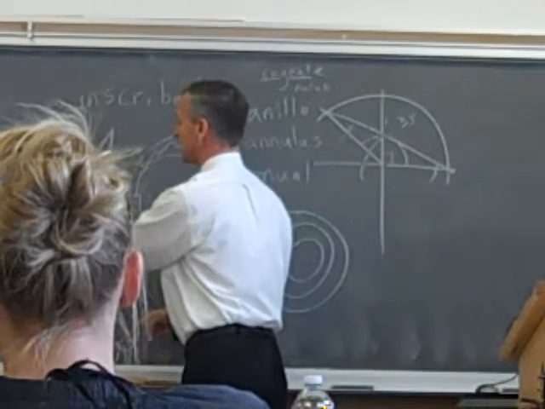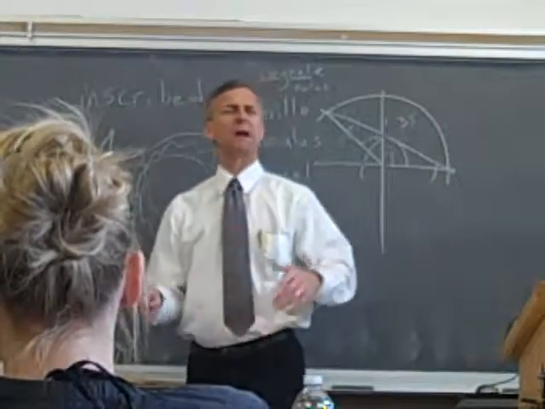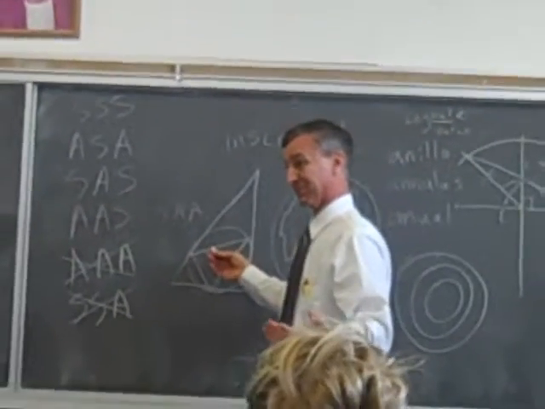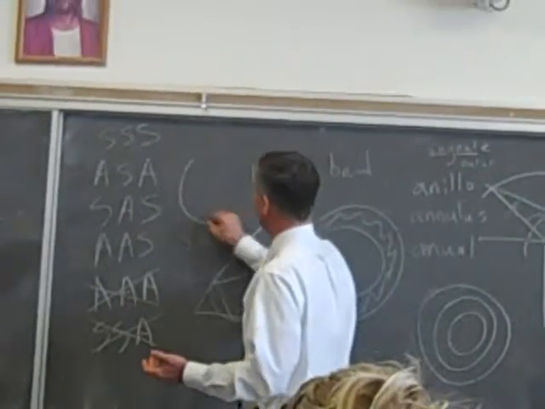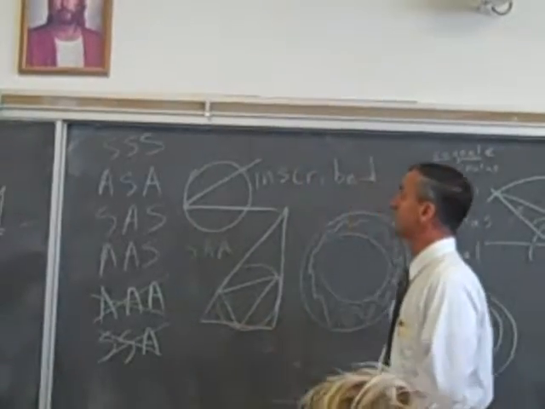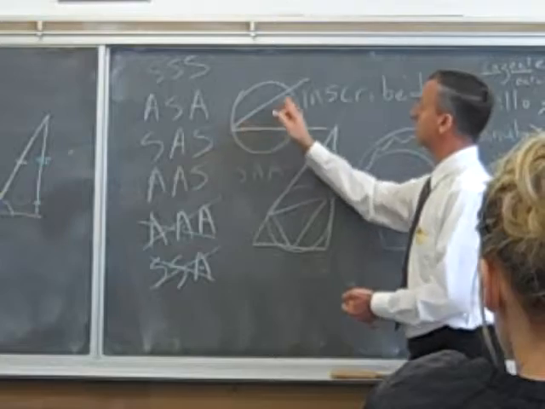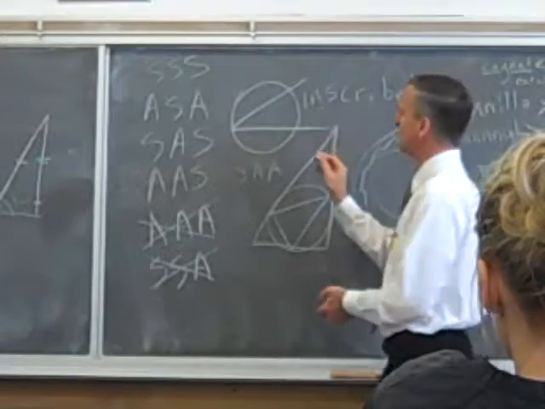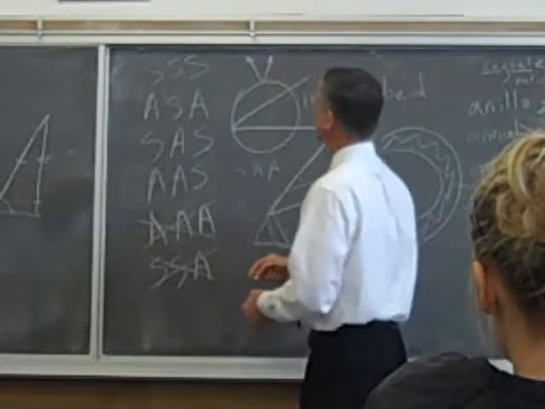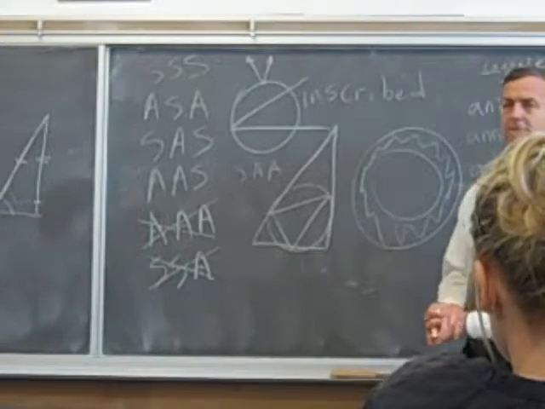So what would be an inscribed angle? Yeah, that would be the definition. Any angle whose vertex is on the circle and whose rays cut the other side. You wouldn't say this is an inscribed angle, even though its vertex is on the circle. Okay, what else?